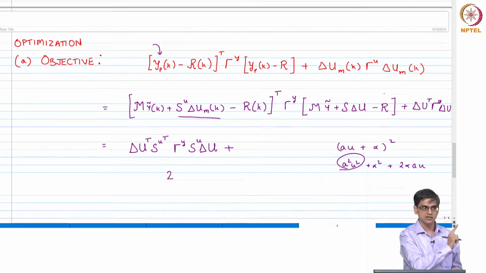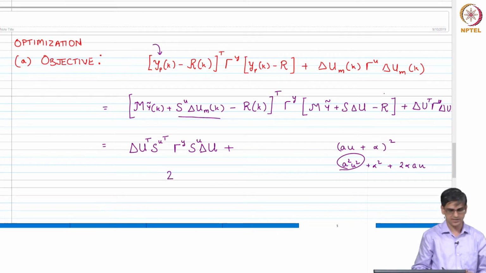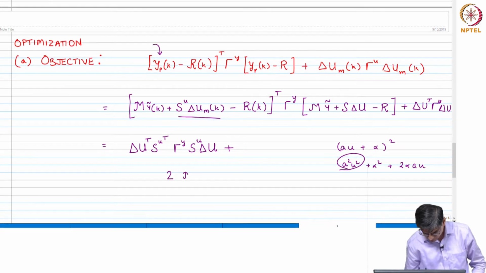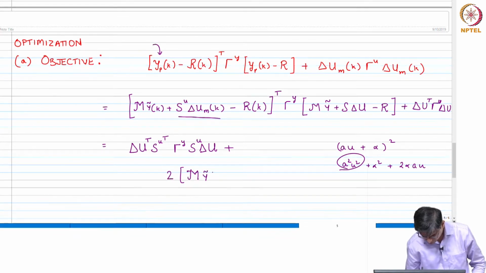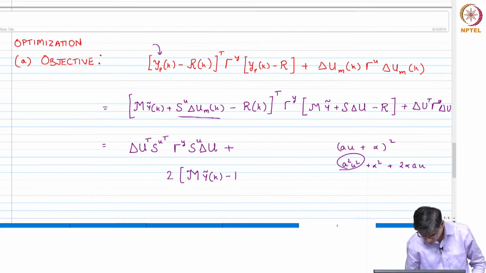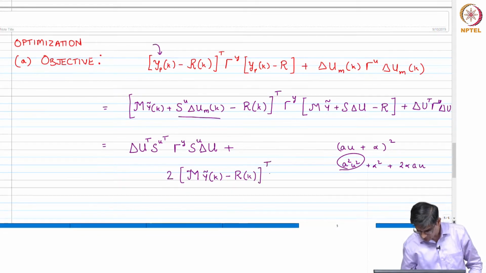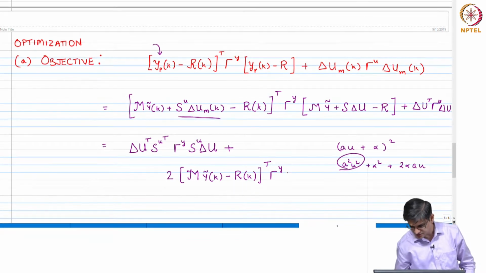If it were a vector, it is not going to be the same result, but because it is a scalar, that is why you are getting the same result. Okay. So, you are going to get 2 multiplied by gamma y is there, and then you have s delta u.